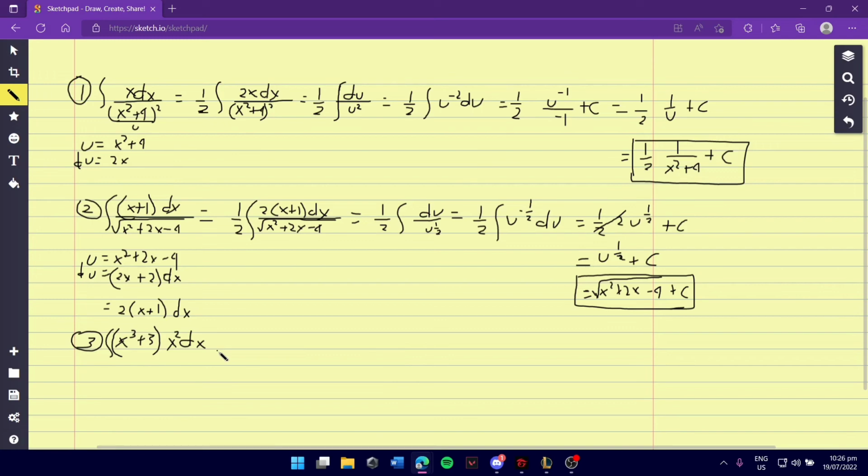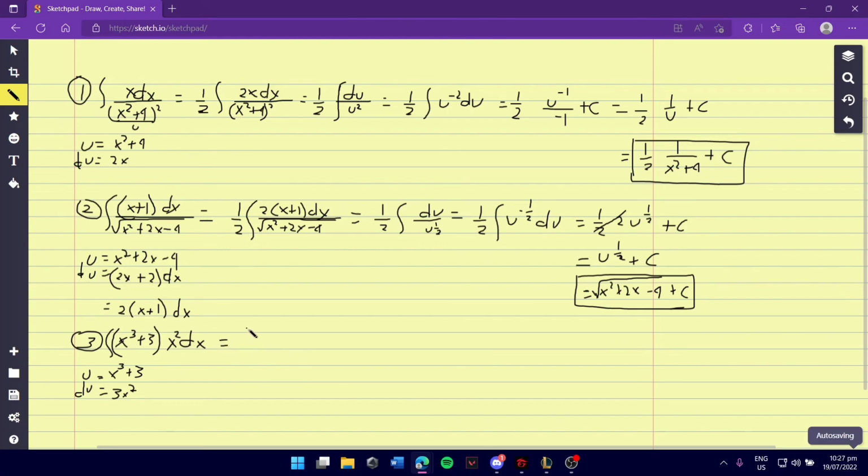So now we will apply the u substitution. Our u here is inside the parentheses, meaning this is x cubed plus 3. So our du, the derivative of u, is 3x squared. So we are missing a 3 here.